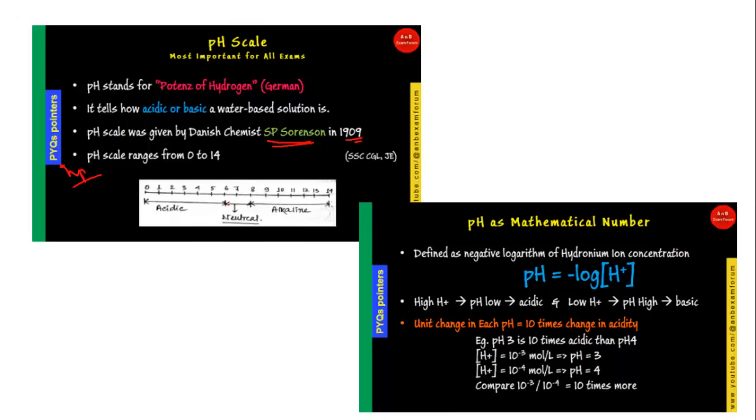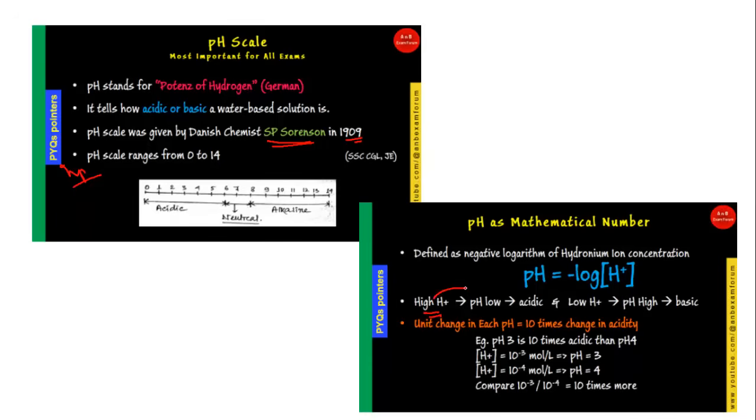Between them, 7 is neutral, less than 7 is acidic, and more than 7 is alkaline or basic in nature. We have also seen pH as a mathematical number, where we defined pH as the negative logarithm of the hydrogen ion concentration.